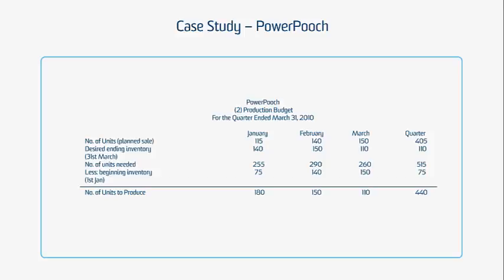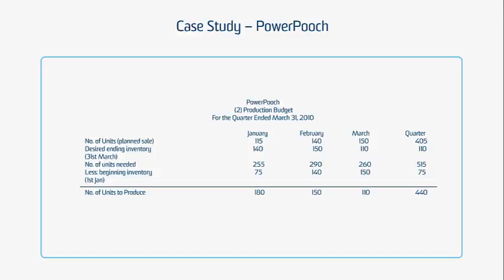For these calculations, the quarter's beginning or ending is equal to the beginning or ending of the relevant month. March is the last month of the quarter, so the quarter's desired ending is equal to March, 110. Now we can add up what we need to produce for the period: what we want to sell, plus desired ending, minus what we want to have on hand at the beginning.